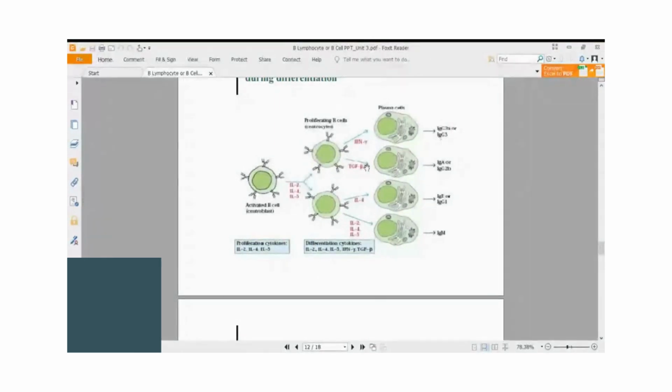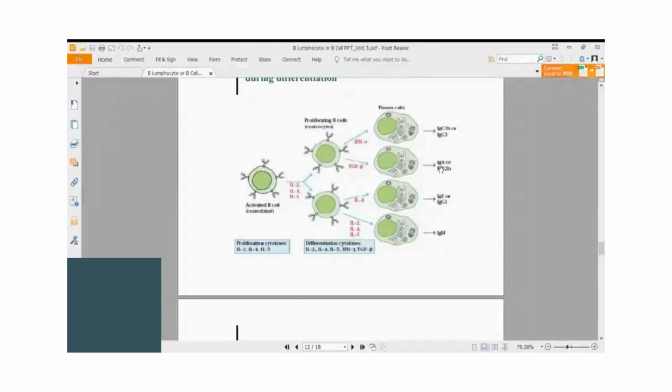And if it is TGF beta, transforming growth factor beta, the centrocyte is going to respond in such a way that it will switch over the mechanism to produce the IgA class of antibody and IgG2B. Here it was G2A, it is G2B.